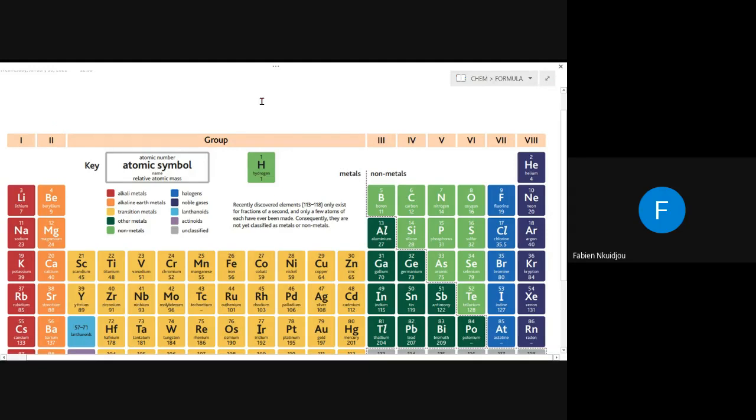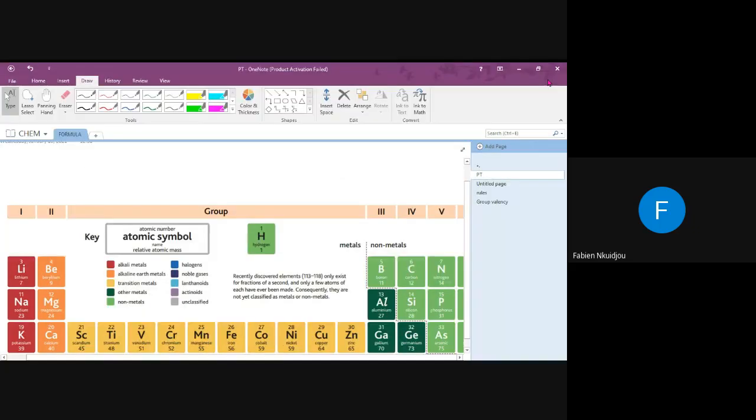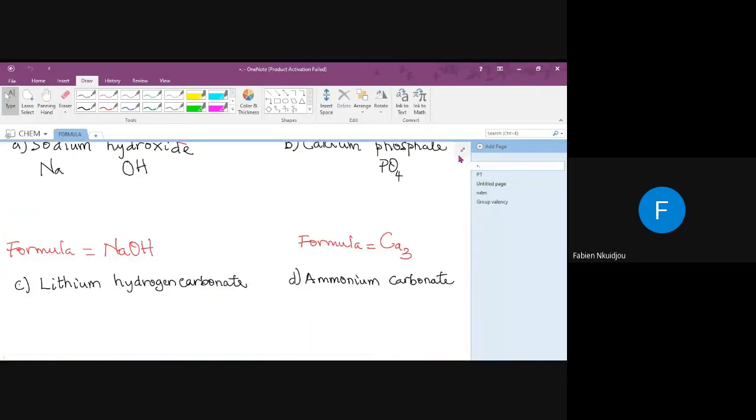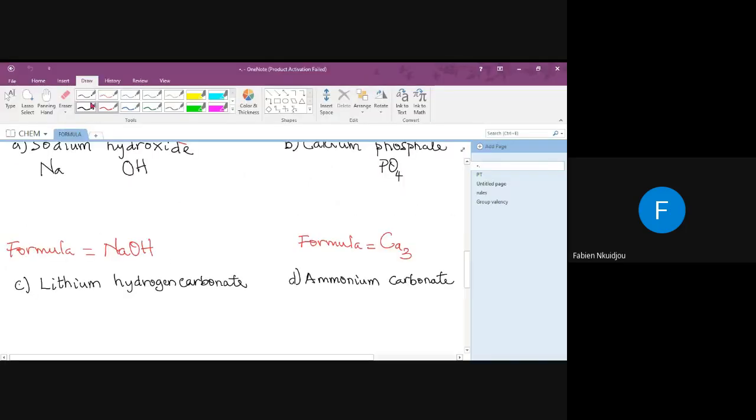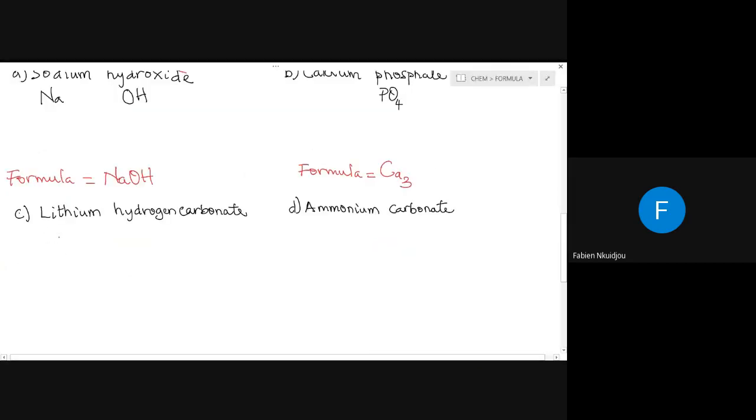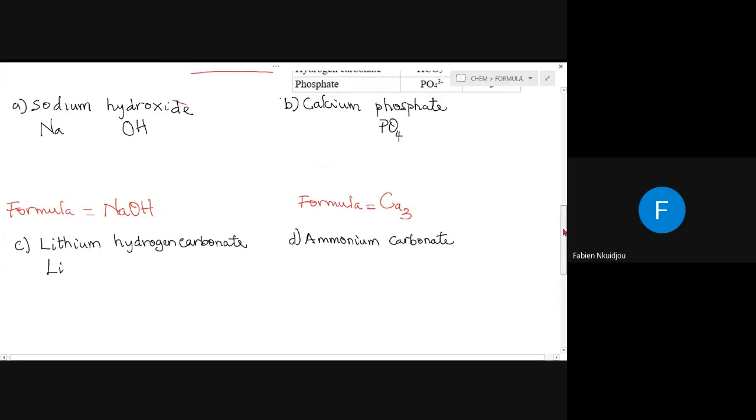So lithium is in group 1, it has a valency of 1. We have lithium, and for the hydrogen carbonate, let's get to our table.